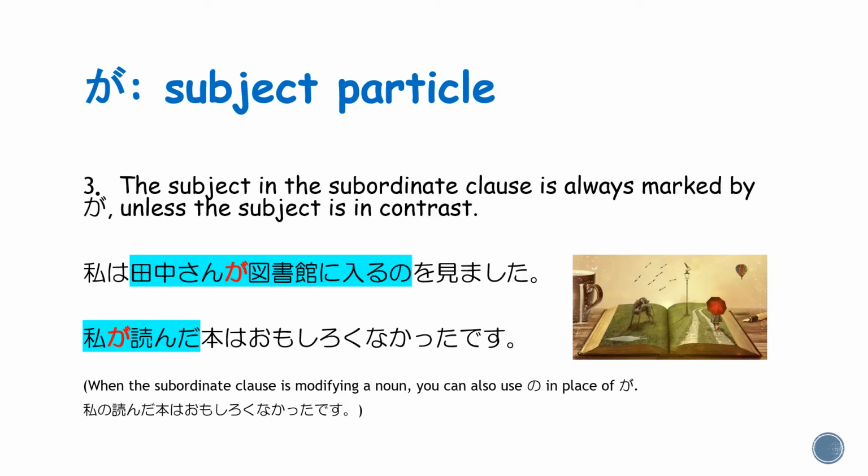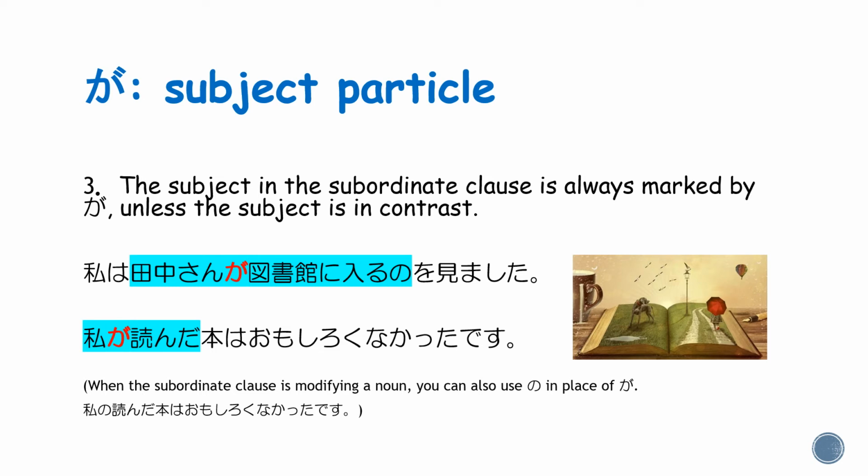The third rule, sometimes there is a sentence within a sentence. The sentence that is embedded in another sentence is called a subordinate clause, and we mark the subject in the subordinate clause with ga. For example, 私は田中さんが図書館に入るのを見ました. I saw Mr. Tanaka entering into the library.